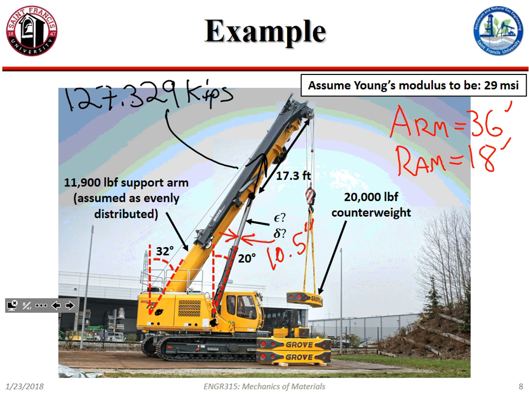So if we know the reaction at the top, we know the reaction at the bottom too, right? We all on board with that? Cool. So we want to find the strain and deformation in that ram. So how would we go about it? What would be the first step?